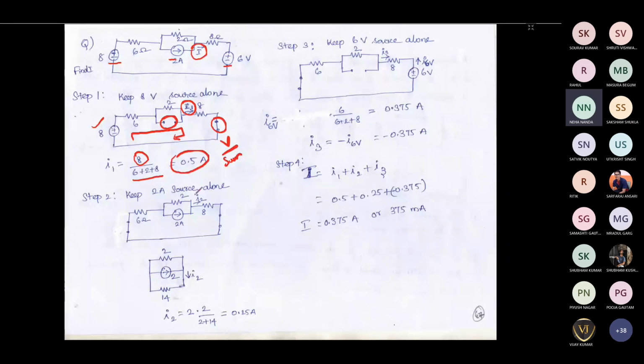Then you consider the second source, the 2 ampere source. Here this 2 ampere goes like this, and you are going to have a short circuit for the two voltage sources, so you can reduce this circuit. If you reduce it, you get a circuit like this.